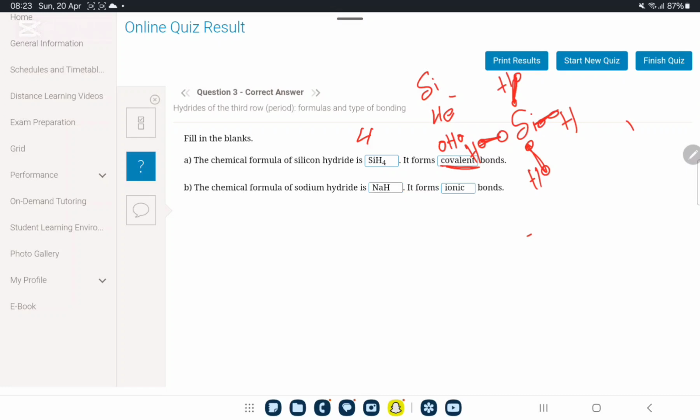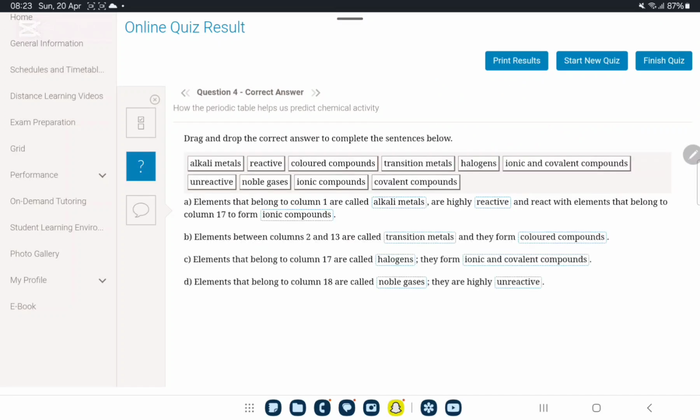And then for sodium hydride, sodium Na plus and hydride, hydrogen H minus, same numbers, so they cancel. Elements in group 1, in column 1, are called alkali metals. They are reactive. We know that about alkali metals.